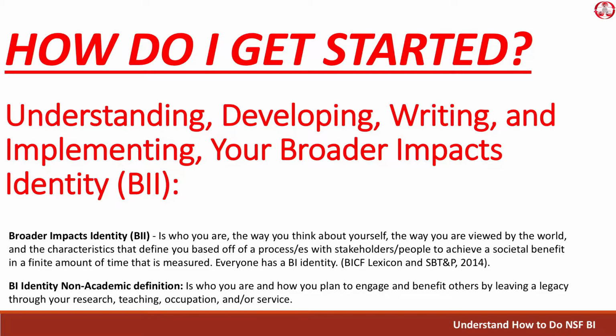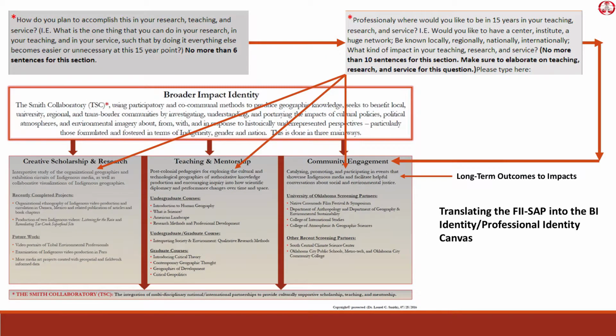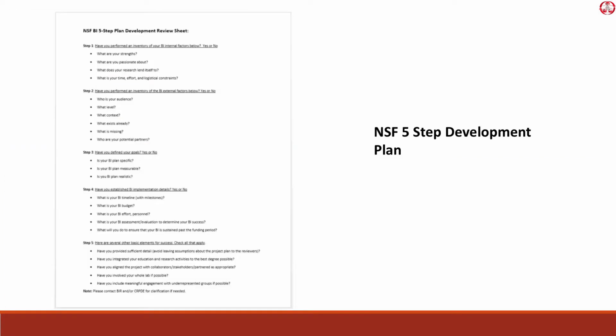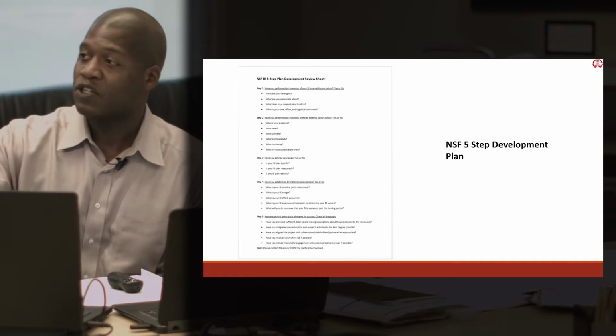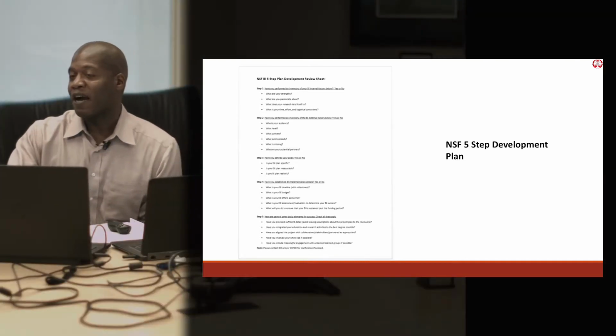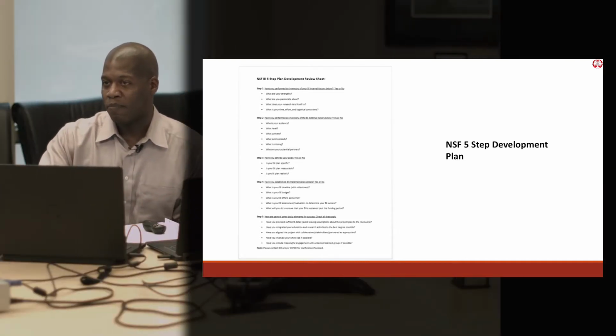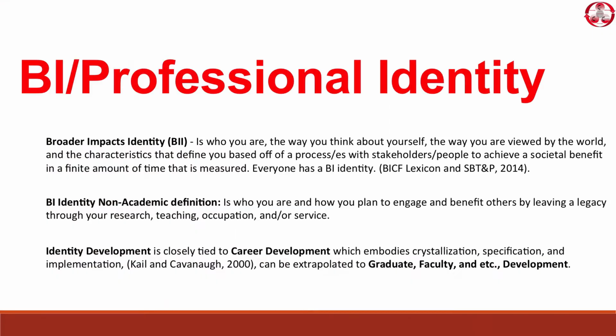And that's one of the reasons that we also gave you the FISAP, the Faculty Individual Strategic Assessment Profile, along with this 5-step development plan that's in your packet. Because if we could help you figure out what your broader impacts identity or your professional identity is, we can help you figure out which broader impacts would work best for you, since it's tied with your research.